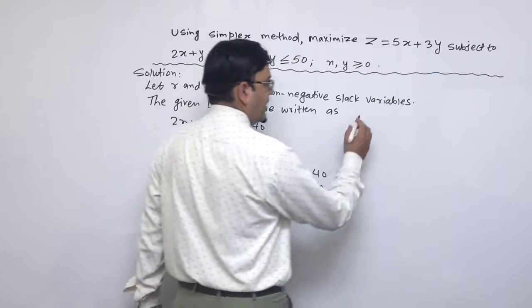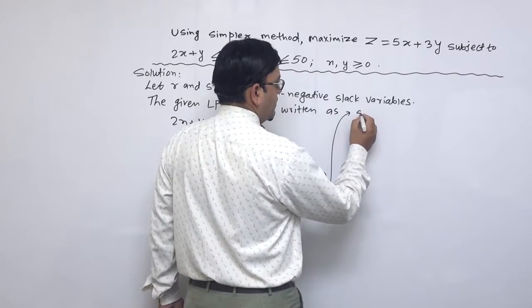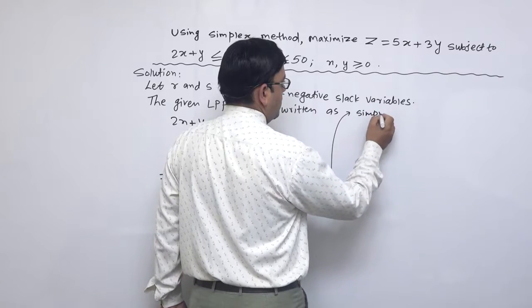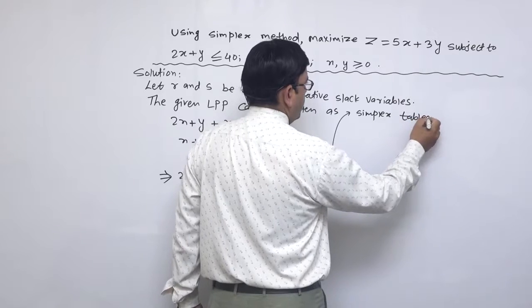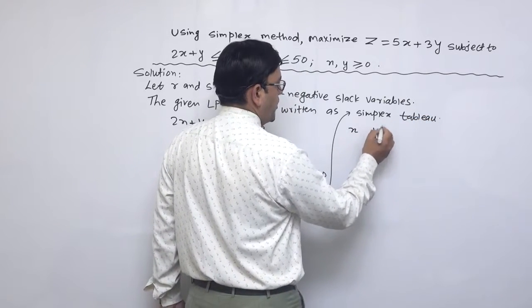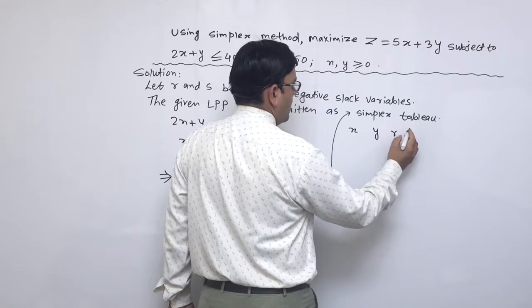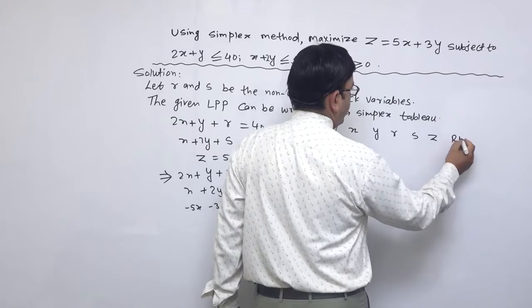So here we draw the simplex table. Here we write x, y, r, s, z, and then RHS.